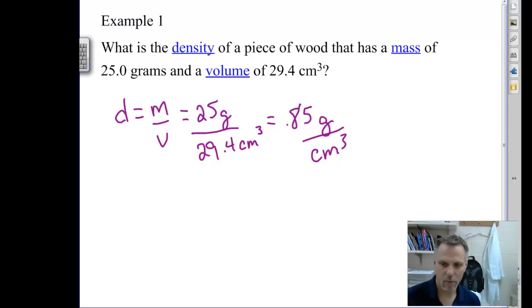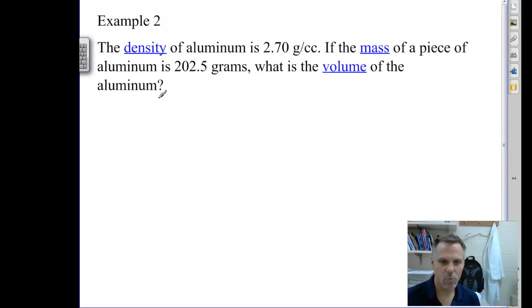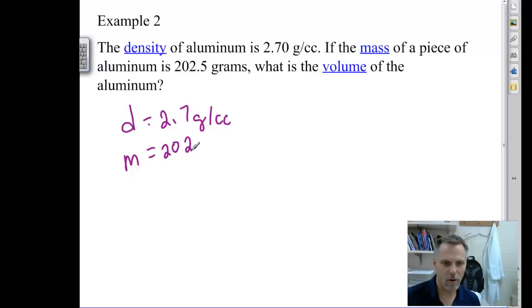Okay, let's do another one. Let's take a look at this one. This says the density of aluminum is 2.7 grams per centimeter cubed, and the mass is 202.5 grams, and what we're missing is the volume. So volume is what we're trying to find.